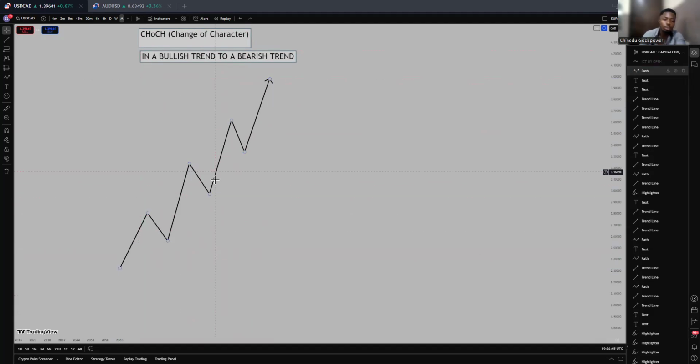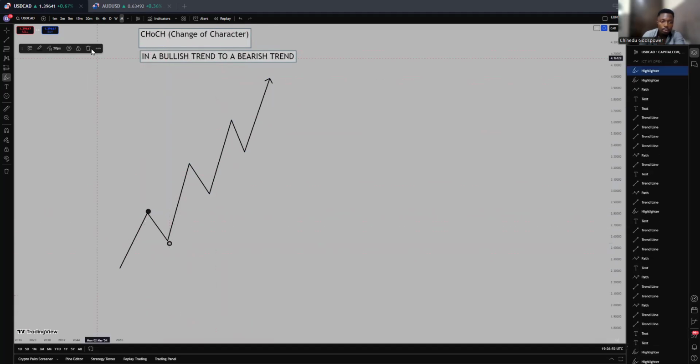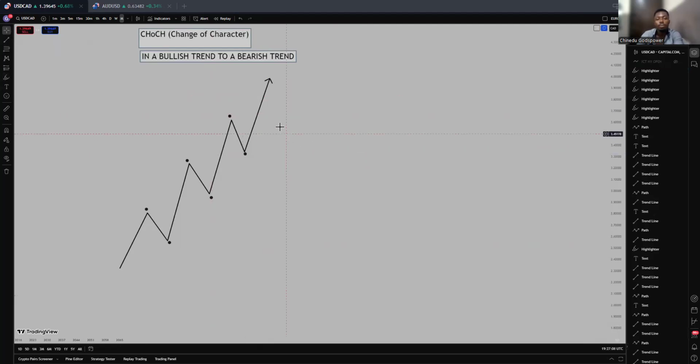Now we know this is an uptrend, right? Because price has been creating higher highs, higher lows, higher highs, higher lows. Now, price has created a high here.